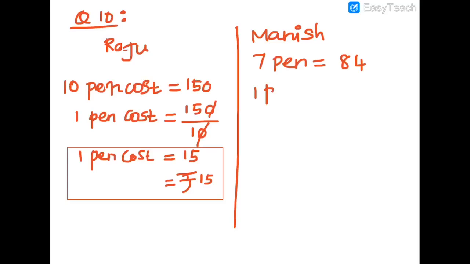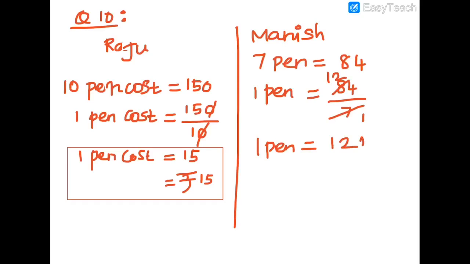That means 1 pen is 84 divided by 7. How can we divide that? 84 divided by 7. 1 7 is 7, remaining 1. That 1 will combine here, so 2 7s are 14. So 1 pen is 12 rupees.